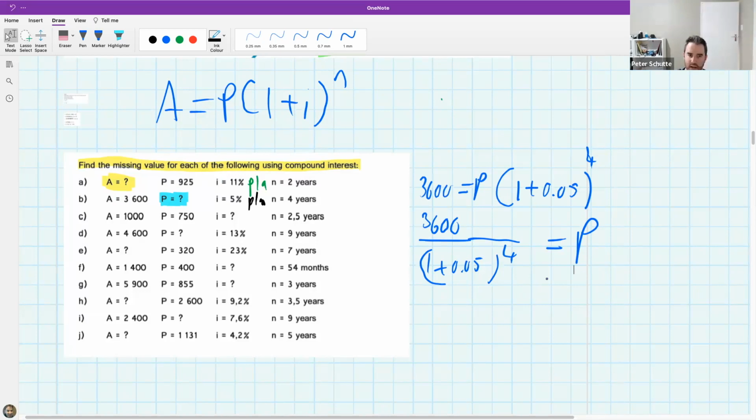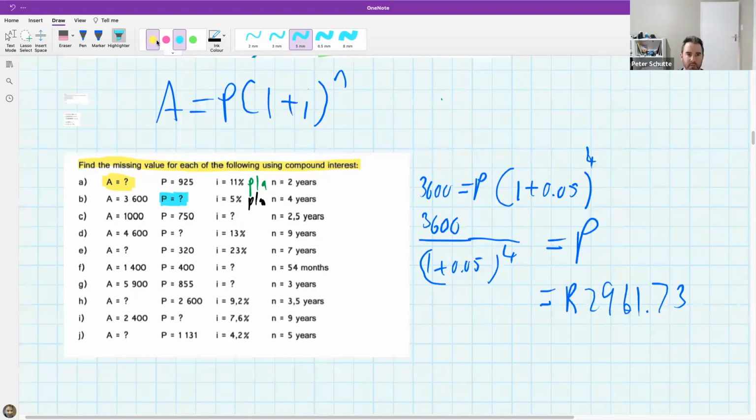And what I get is 2961.73 if we're rounding to 2 decimal places. Okay, well, I'm definitely getting those answers coming through, which is fantastic. Let us go for this one.